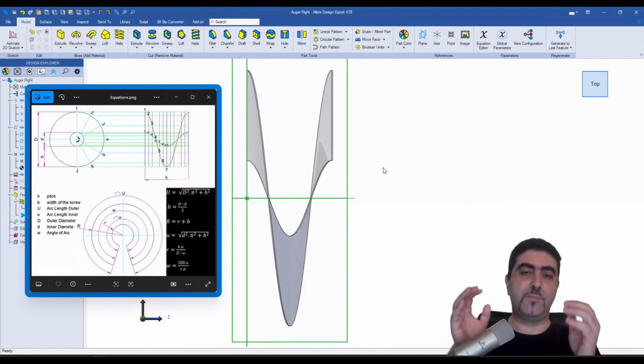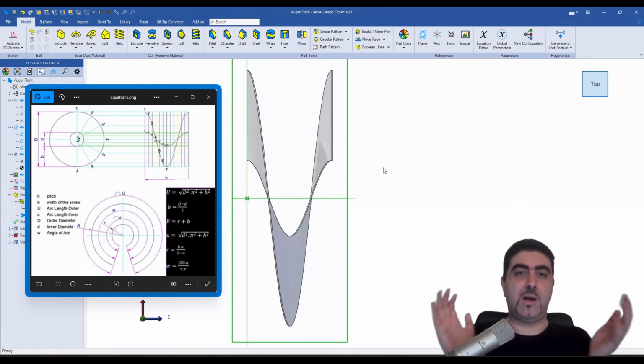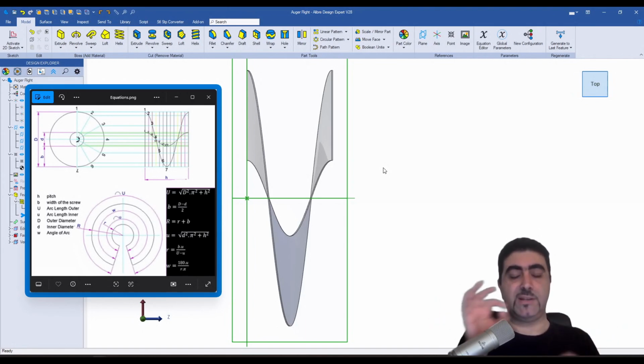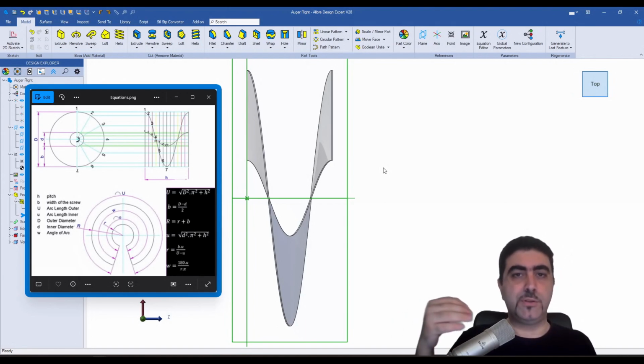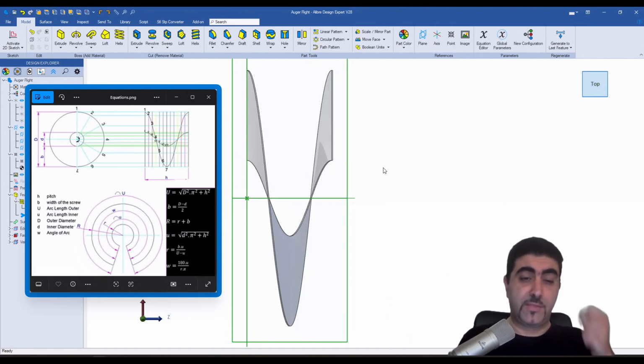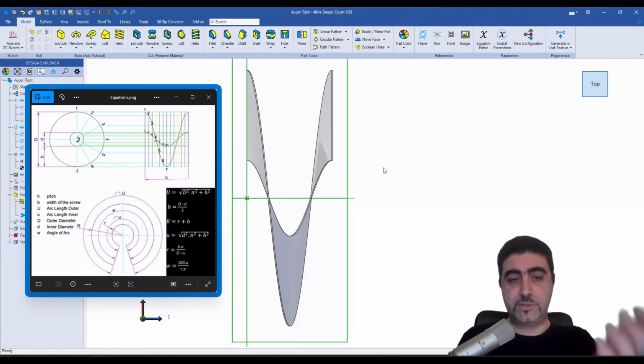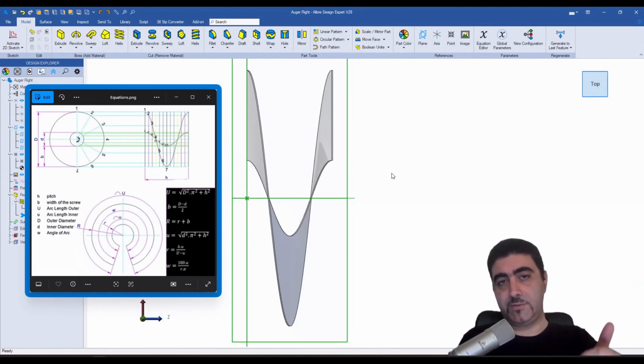Then the shape would be a rectangle. The horizontal sides of that rectangle would be equal to the perimeter of that cylinder. Now the perimeter of that cylinder is 2 times pi times the radius, or the diameter times pi.